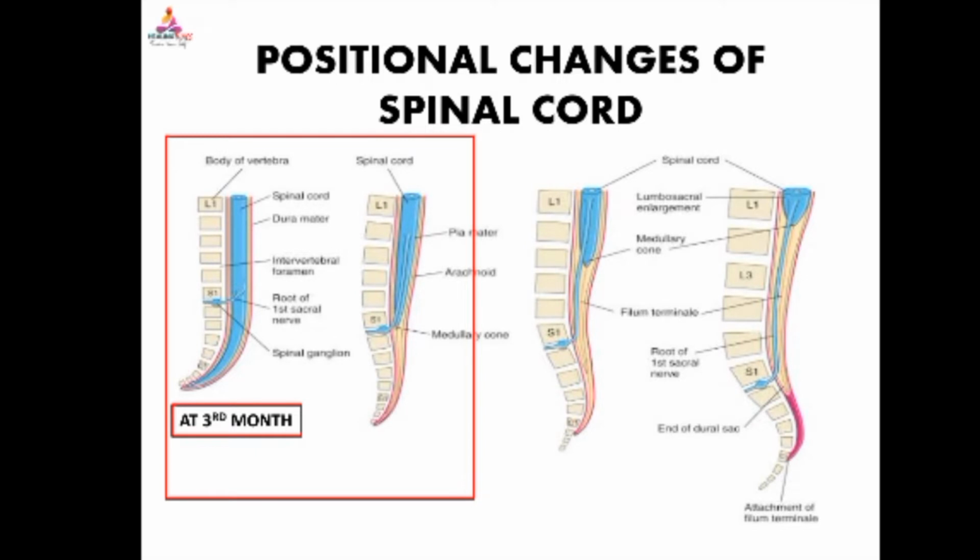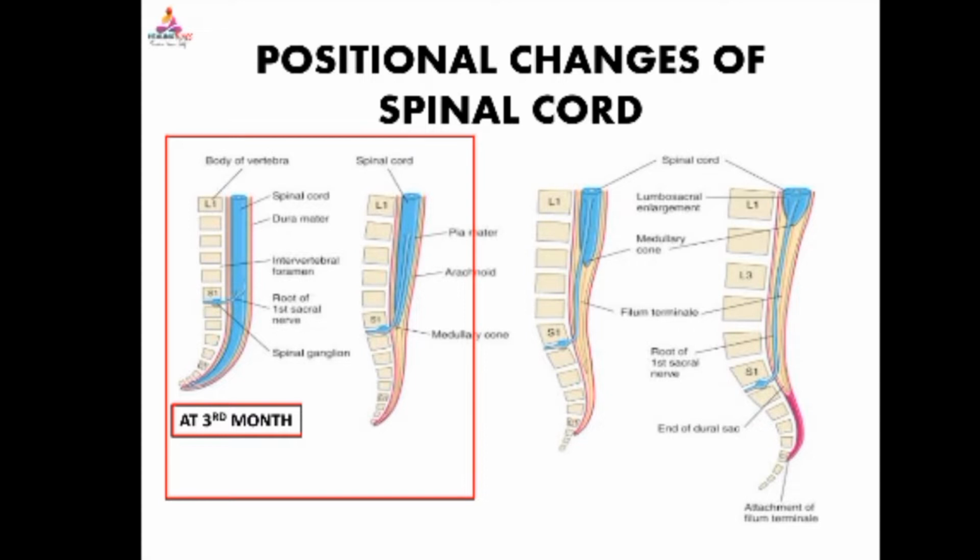Next is the positional changes of the spinal cord. Up to the third month of intrauterine development, the spinal cord extends through the entire length of the vertebral canal and the spinal nerve passes through the vertebral foramina at the level of the origin.